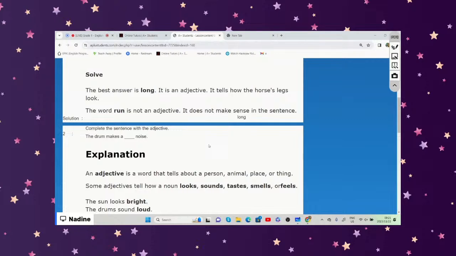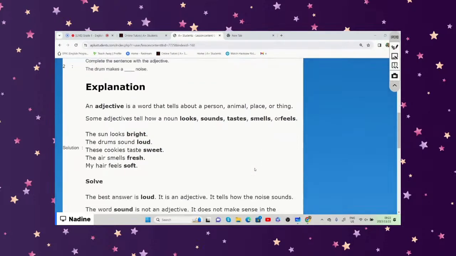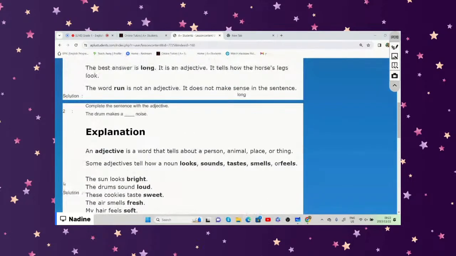We can say the drum is loud. How else would we be able to describe the sound of a drum? We can say the drum sound is loud. How else? We can even say it is soft. So we can either say it's loud or we can say it is soft. And loud is correct.